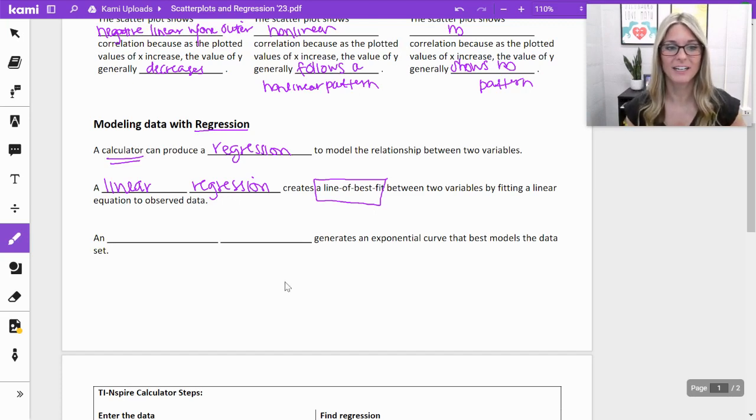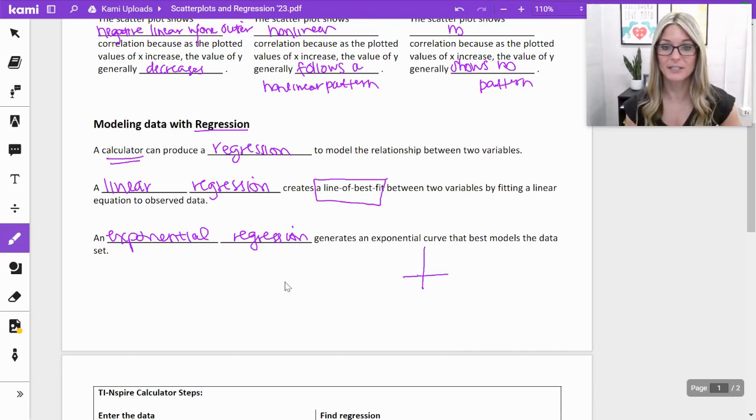And then the last part here is an exponential. An exponential regression is going to generate an exponential curve. Recall, exponential functions exponentially grow or decay. They kind of have that rocket ship or that decay curve there.